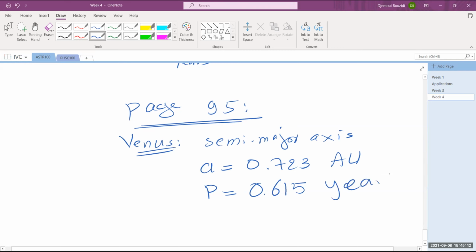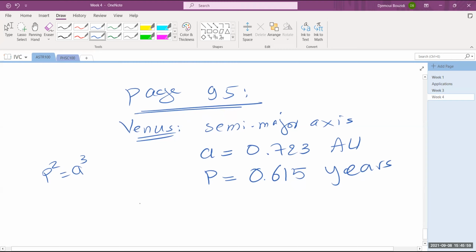So let's check now, is it true that p squared is equal to a cubed for Venus. Okay. So before I stop sharing the screen, let me set it up first. I need to do p squared. So I need to take this number, 0.615, and multiply it by 0.615.